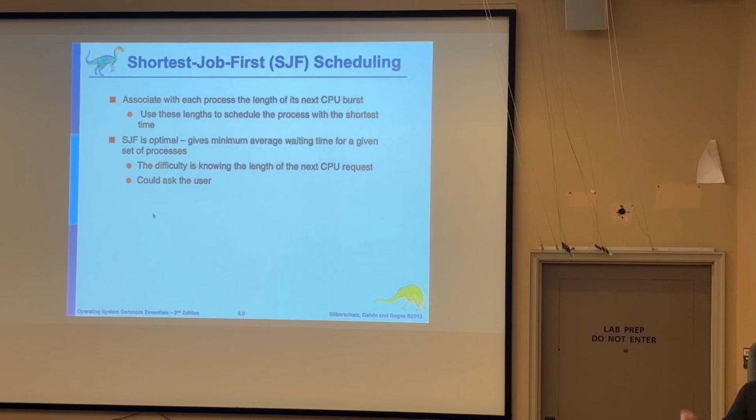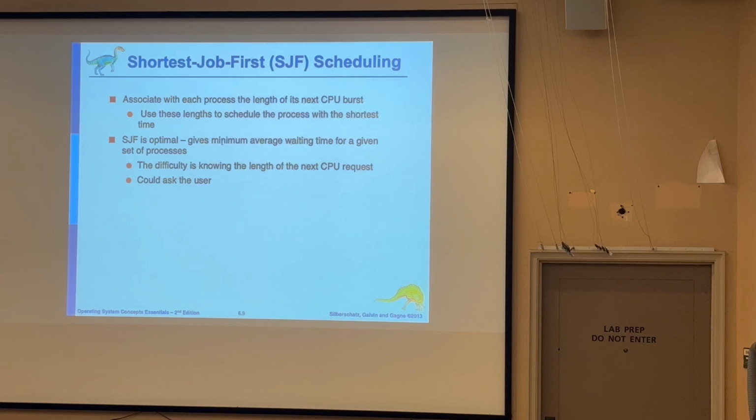Okay, so in using shortest job first scheduling, you associate with each process the length of its next CPU burst, and use this length to schedule the process with the shortest CPU burst. Very intuitive idea. Shortest job first is optimal. It gives a minimum average waiting time for a given set of processes.